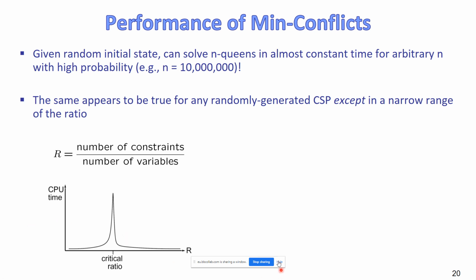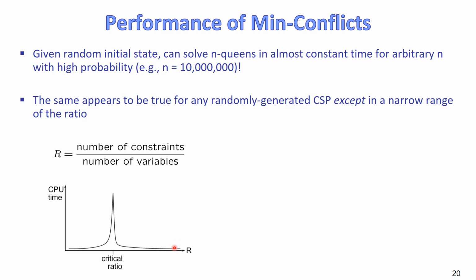The first case is when R is very small, meaning we have a very large number of variables with very few constraints. Of course, this is an easy problem. Once we assign all variables, we can work out the few constraints to get them satisfied, so it will take very little time.